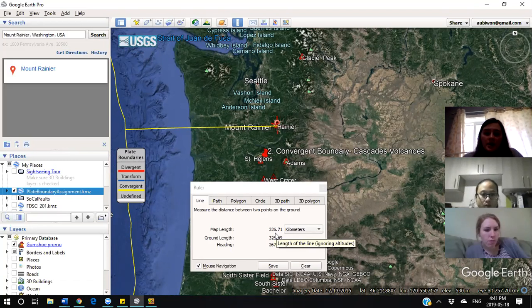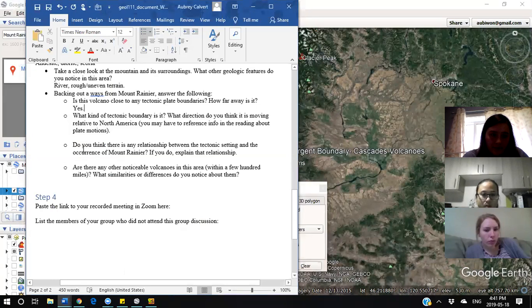So it's about 326 kilometers away from the plate boundary, west of the mountain. The oceanic plate is subducting underneath the continental plate.